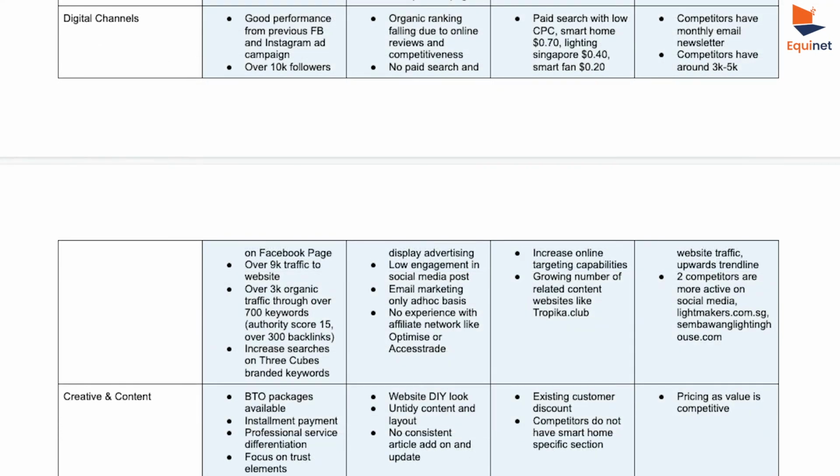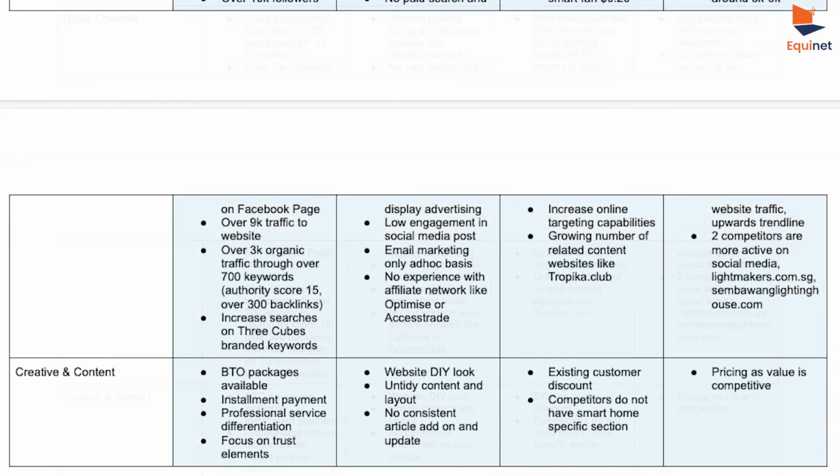In digital channels, analyze which channels you have utilized that have brought forward good results, or which channels may be lagging behind. For creative and content, evaluate what pieces of content you have published that have performed the best and have worked for you. Repeat these steps for your competitors as well.